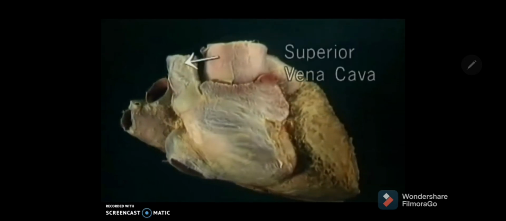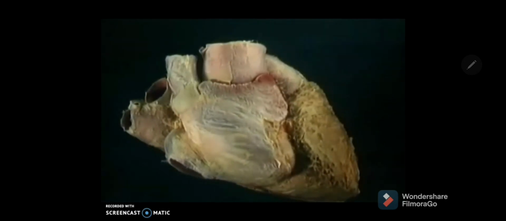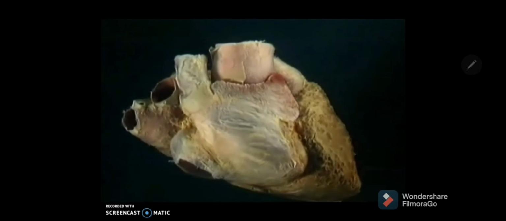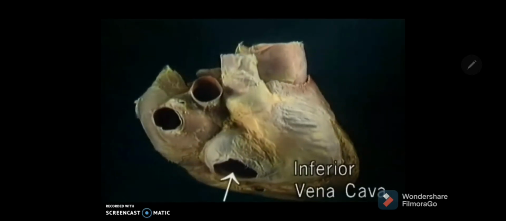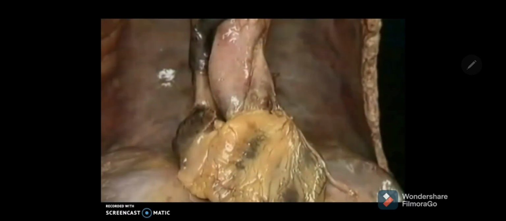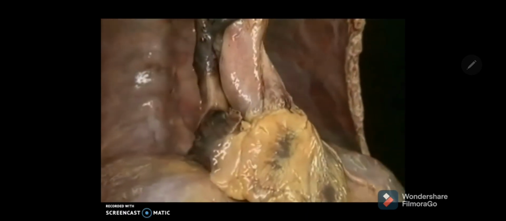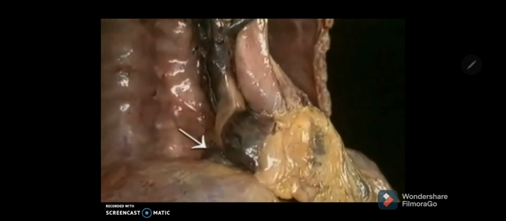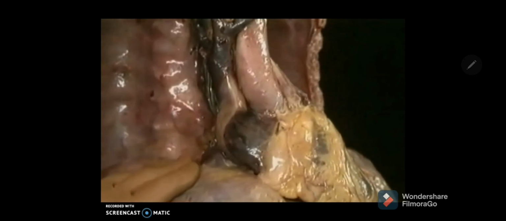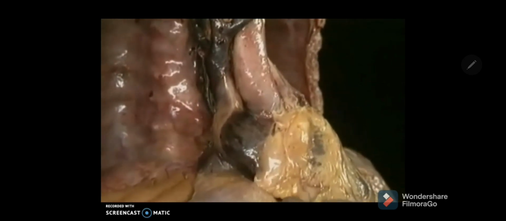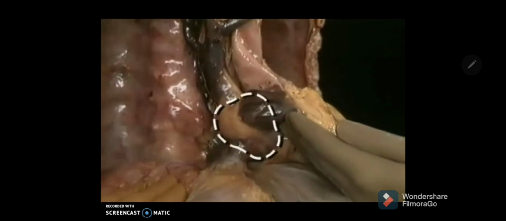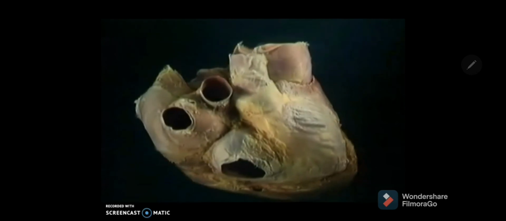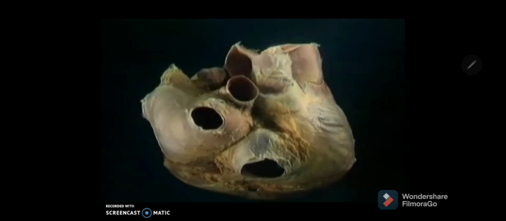You can see here the opening of the superior vena cava into the right atrium, and the opening of the inferior vena cava into the right atrium. The right atrium is the input chamber of the heart, and this is the intact view of the heart with the right atrium. You can see the openings of the superior and inferior vena cava into it.